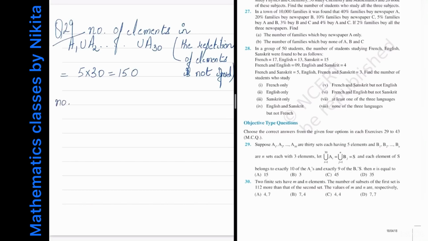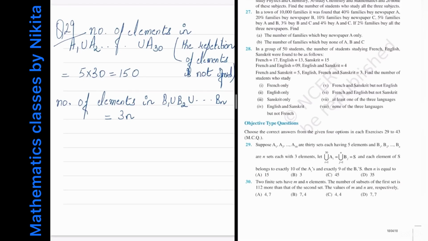Now next we have to find the number of elements in B1 union B2 and so on up to Bn. Okay, this is equal to, now each Bi contains 3 elements and you have n Bi's. So this will be equal to 3n.